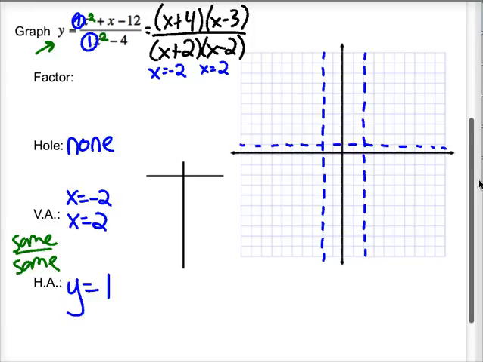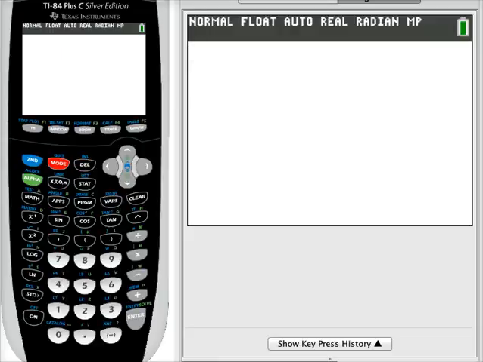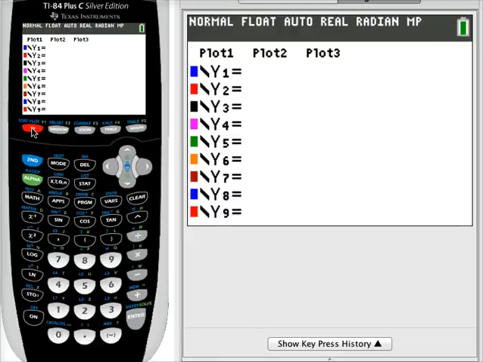Now, the neat thing here is I'm going to let you use your calculator to finish the rest. So let me show you how to use the calculator to do this. You can go into the graphing feature. All right, so turn on your calculator, go into the graphing feature, and I'm going to graph this function. Now, again, since nothing canceled out, I don't really want to type in factored form to my calculator. Because nothing canceled, we're still talking about the same function as the original. So the original is what I'm going to type in, making sure I use parentheses around the top.